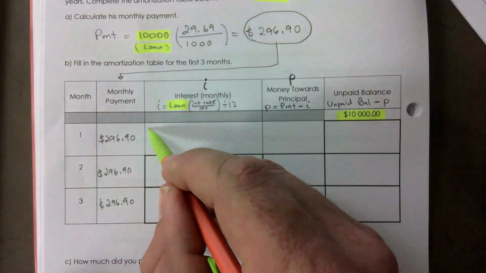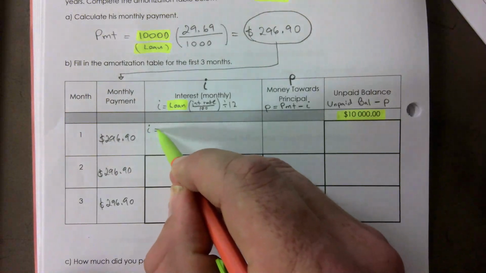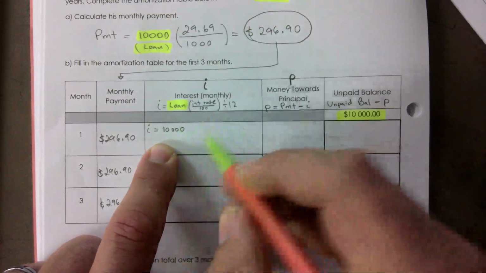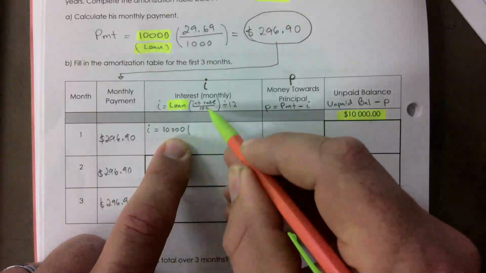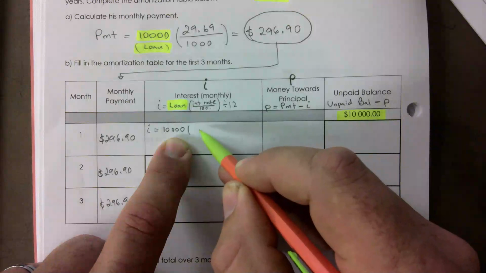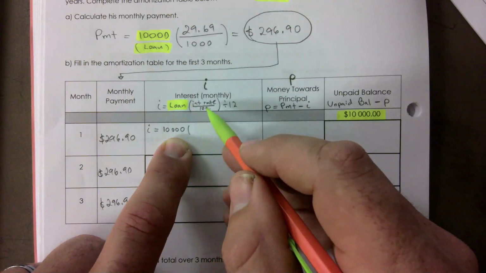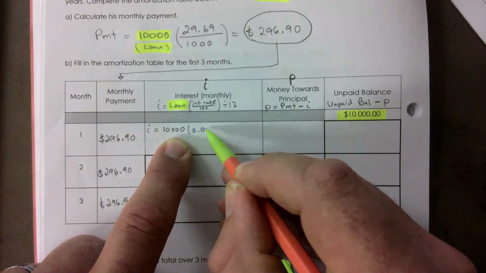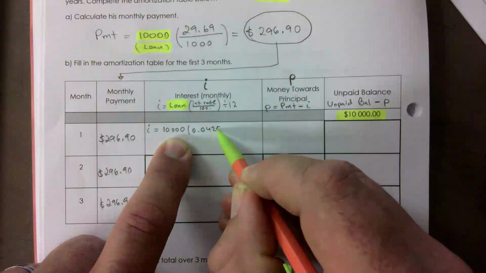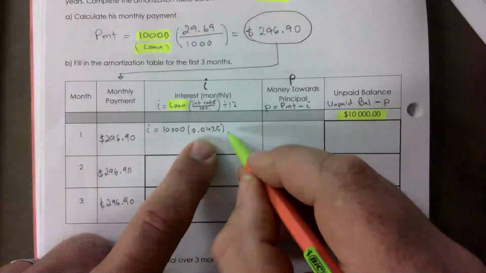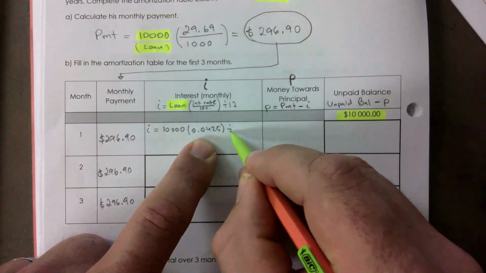So here we go. Interest on the first month. We're going to take our 10 grand and multiply it by interest rate divided by 100. I'm just going to already do that. Interest rate is 4.25. Divided by 100 is 0.0425. I just don't want to have too many steps in here. All of that gets divided by 12.